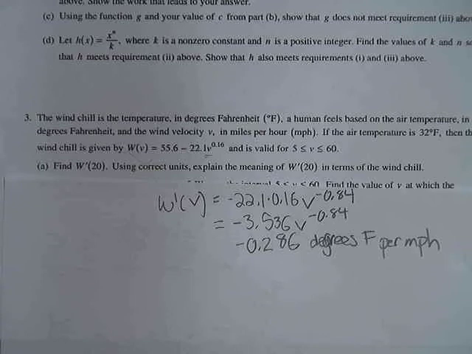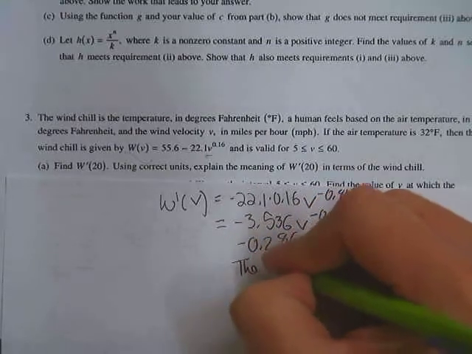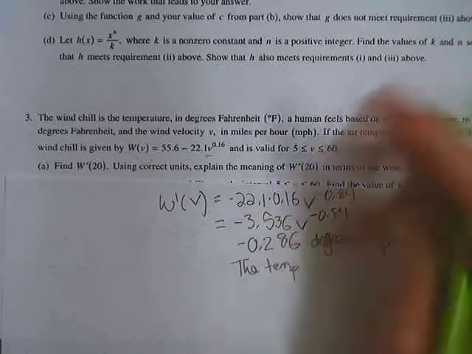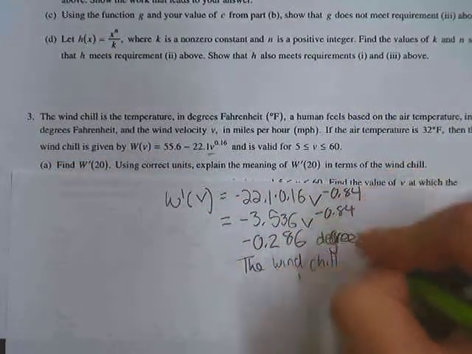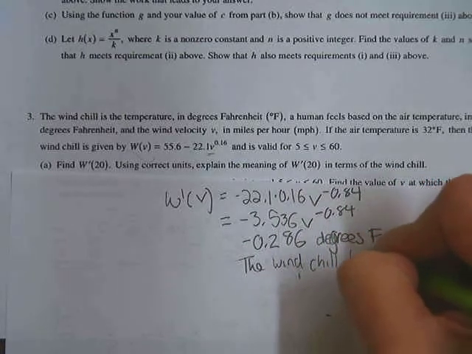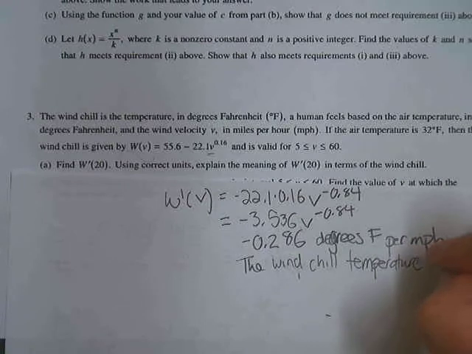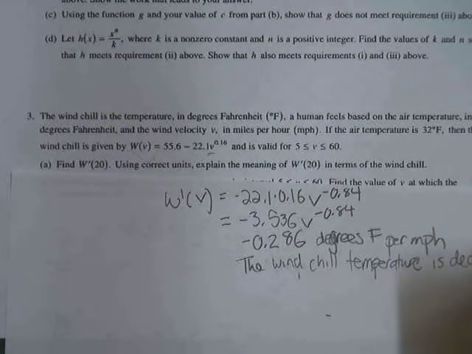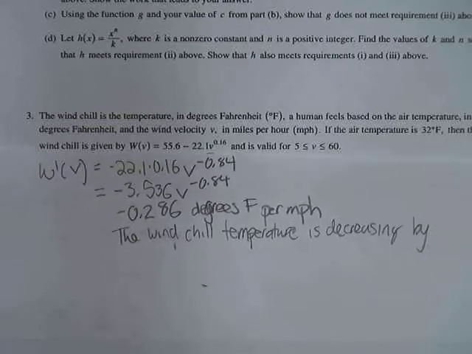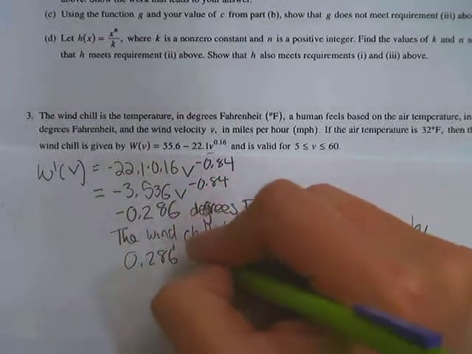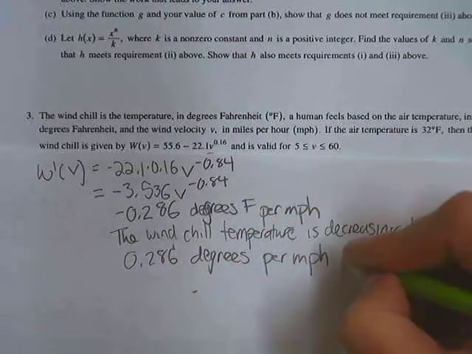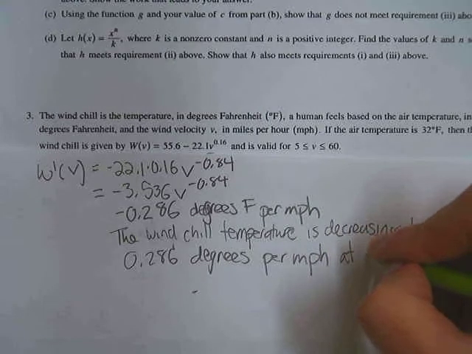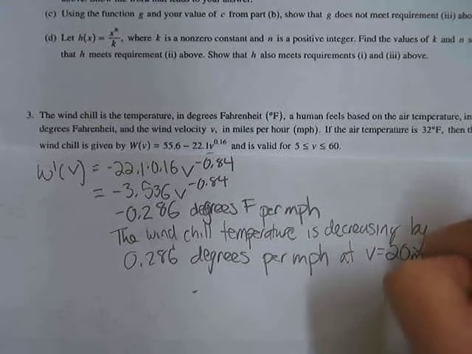Now we're not done. We need to explain the meaning of W prime of 20 in terms of the wind chill. So usually this means write a sentence. I should write: the wind chill temperature is decreasing by 0.286 degrees per mile per hour at v equals 20 miles per hour.